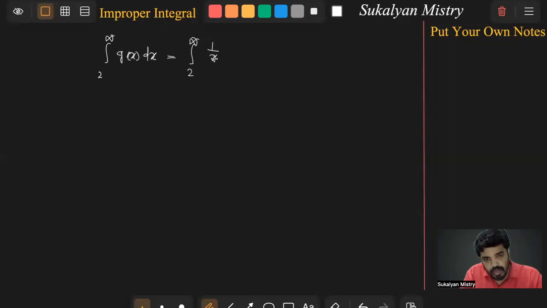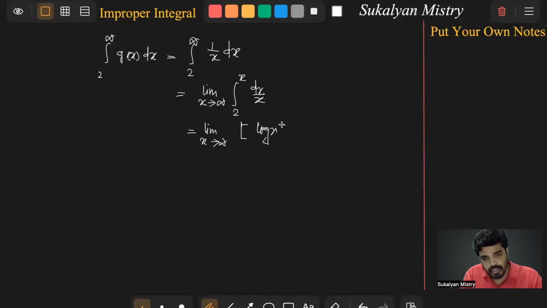So this can be written as limit x tending to infinity of integration 2 to x dx by x. That is log x, with lower limit 2 and upper limit x. So that equals limit x tending to infinity of log x minus log 2.